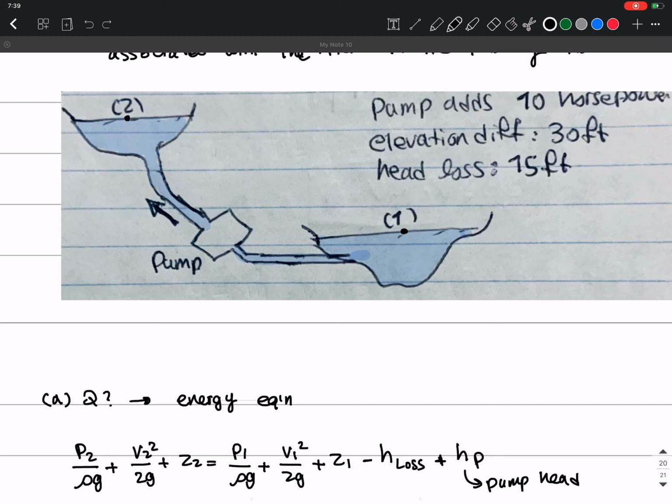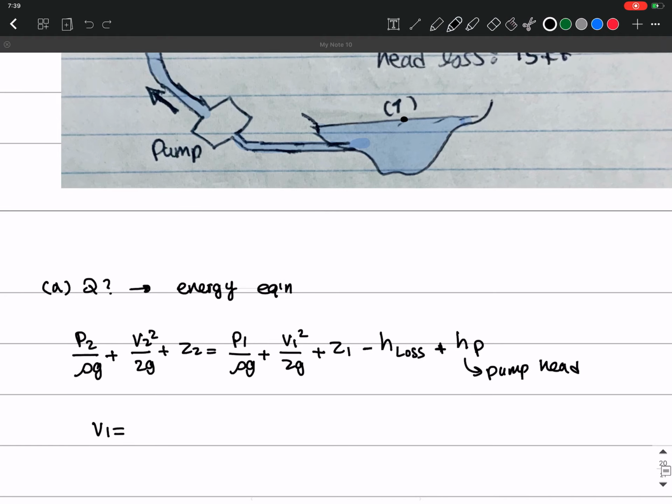So because these two reservoirs are too large, we can assume that V1 is equal to V2 is almost equal to 0, because large reservoir. And P1 equals P2 equals atmospheric pressure, right? And it's 0 in terms of gauge pressure, right?